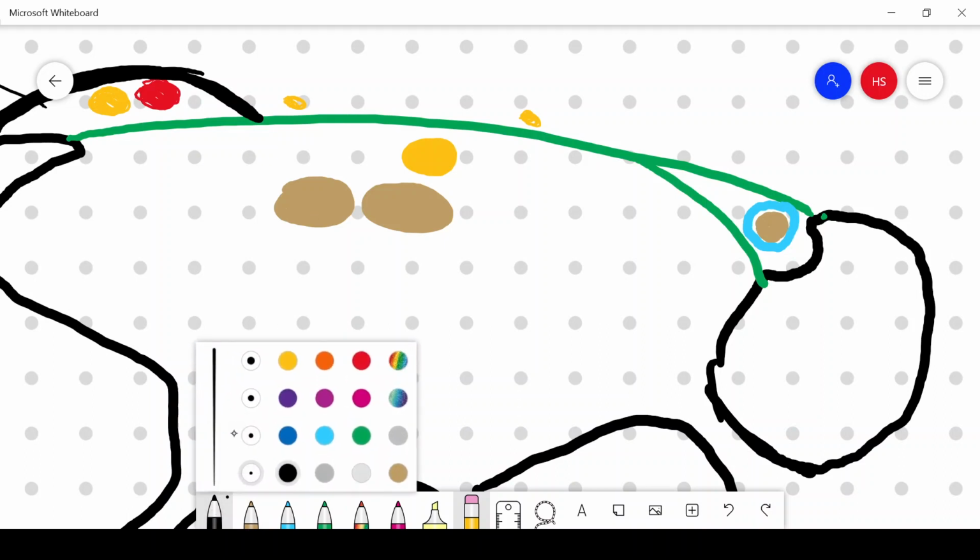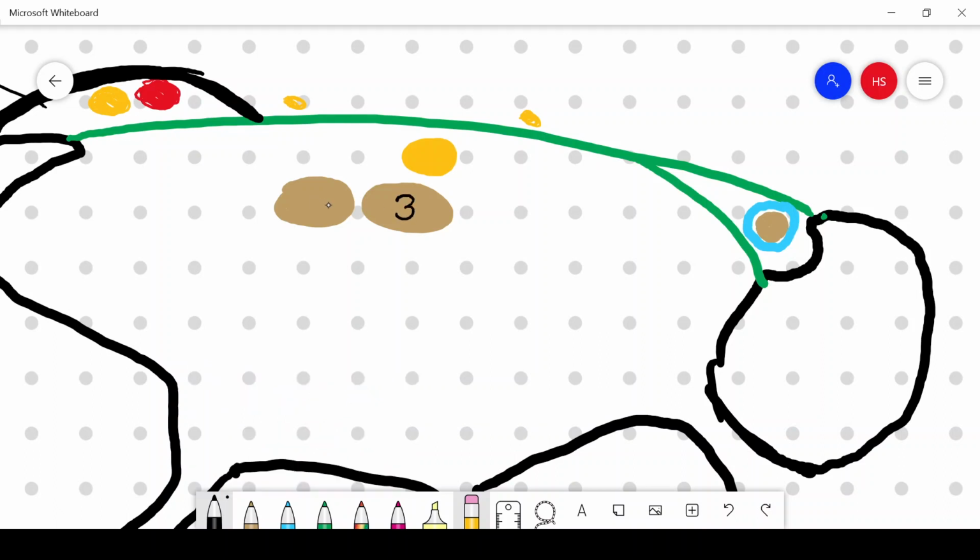This is for the middle finger, and this one is for the ring finger. And then behind them there are going to be two tendons again of flexor digitorum superficialis. This one is for the index finger and this one is for the little finger.